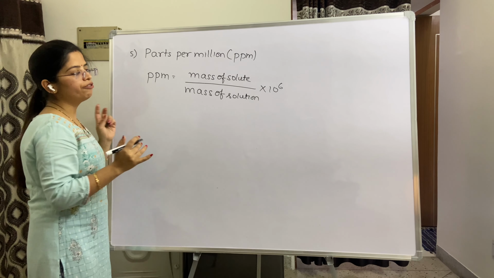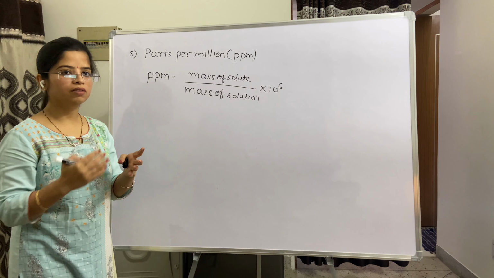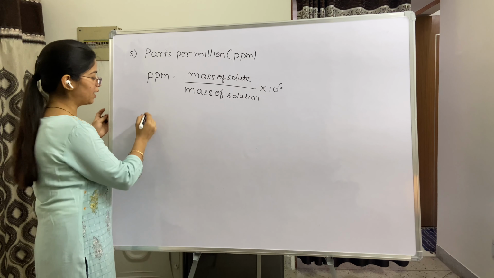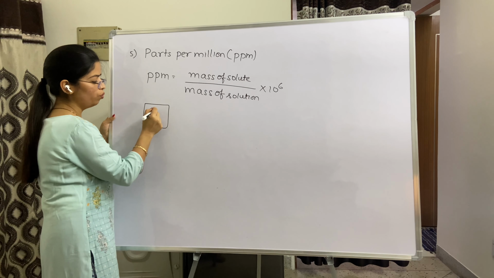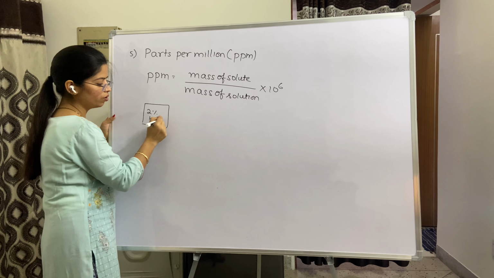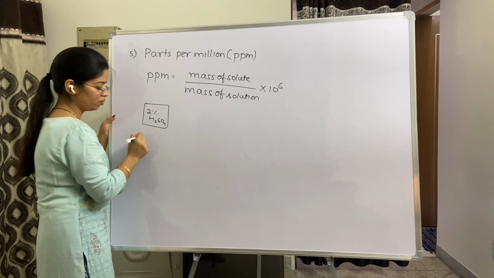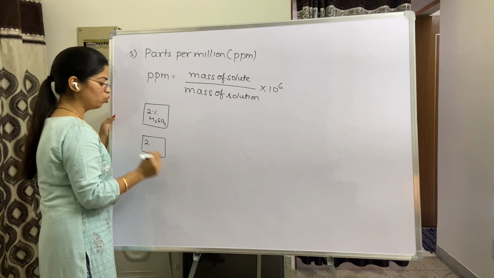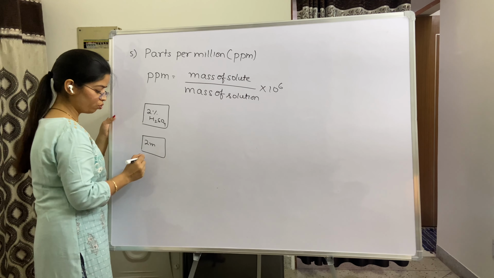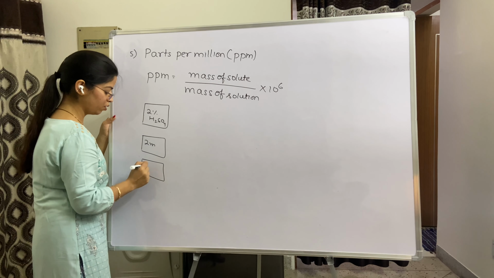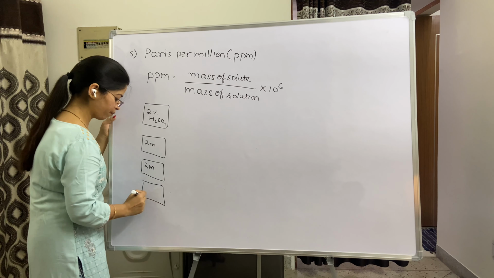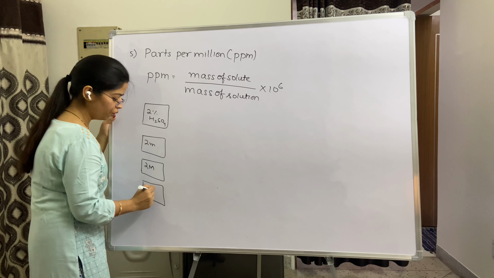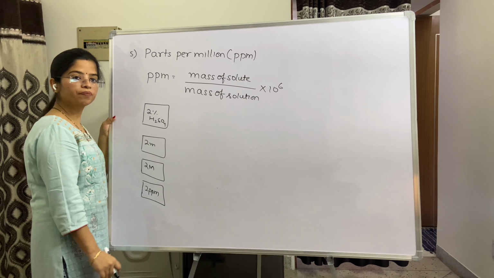Now, if we summarize the methods, we can write it as, let's say you are having 2% of H2SO4, 2 molar of H2SO4, and 2 ppm of H2SO4.